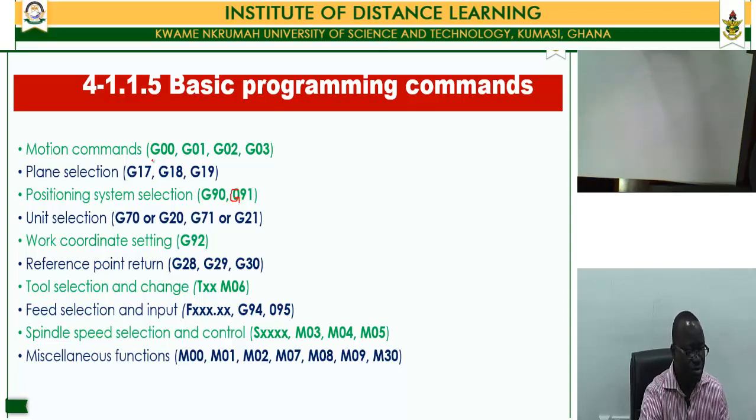Each of these commands actually commands a tool to perform some sort of motion. That is, the tool is used to perform a particular movement. We will come to the detailed explanation of that.